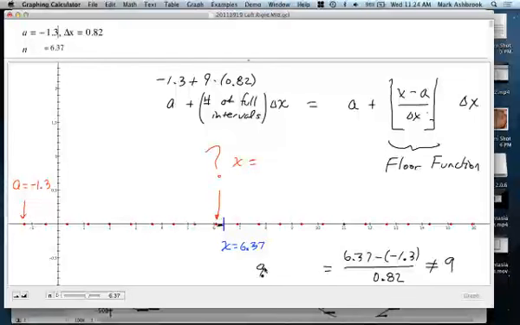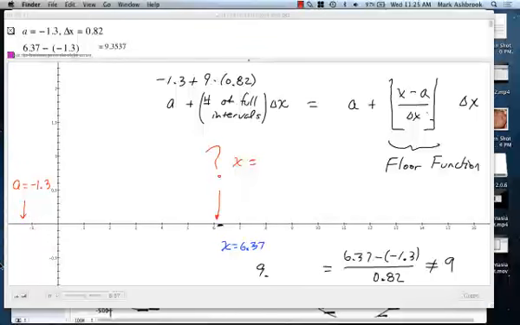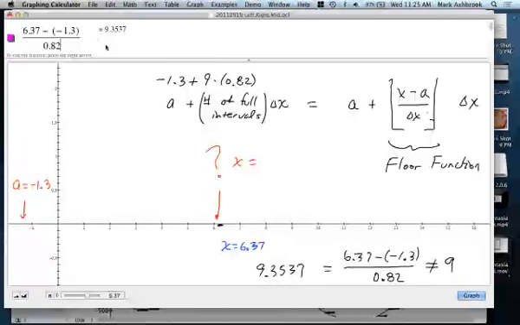So this is really equal to something like 9 point... let's do it. 6.37 minus negative 1.3 all over 0.82 is 9.3537. But what do we want it to be? 9.